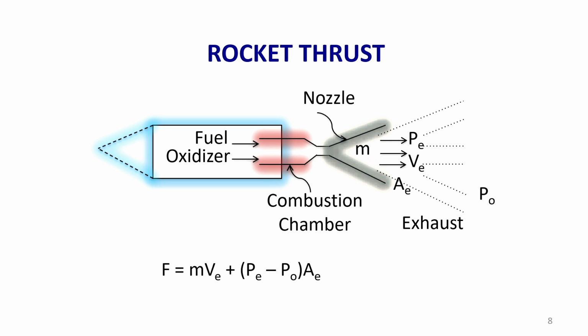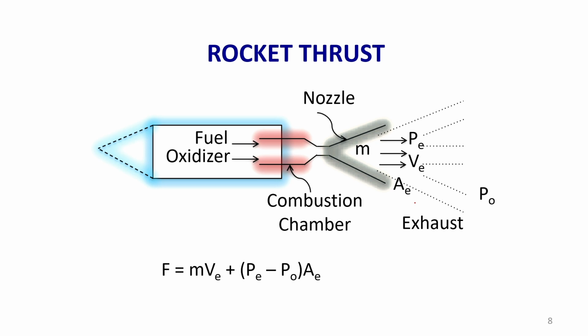The function of the nozzle is to increase the velocity of the fluid when it comes out due to the pressure drop. It leaves at exit pressure PE, velocity VE, and the area at the exit is AE, and of course P naught refers to the free stream condition, that is the ambient condition. This is the exhaust portion.